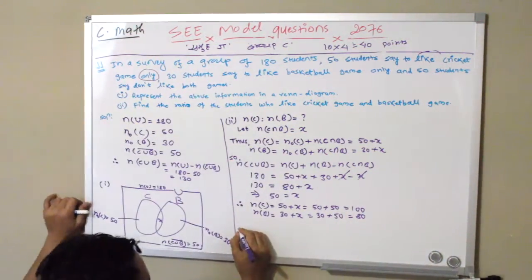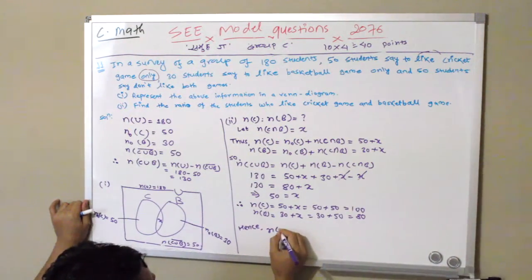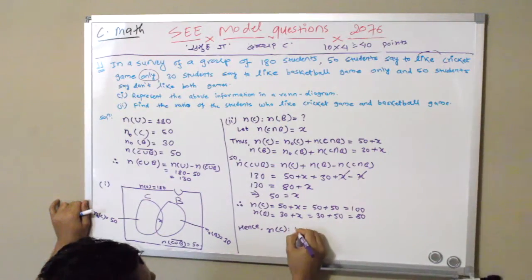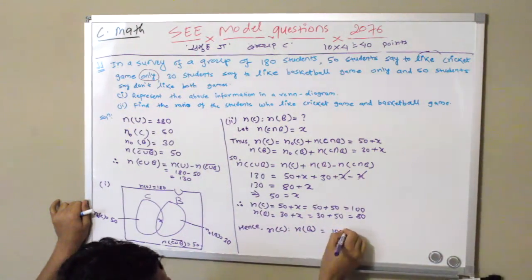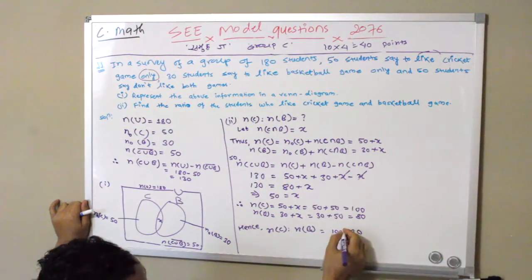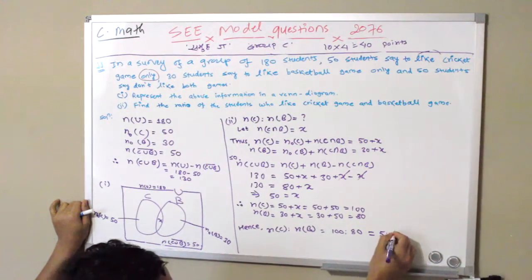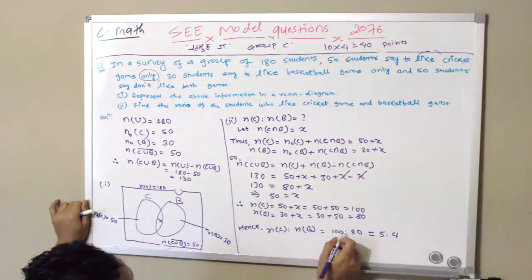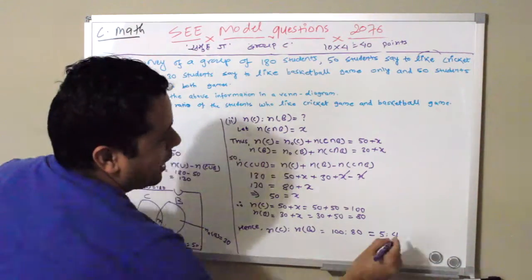Hence the ratio of number of C to number of B is 100 to 80. You can cancel by 20: 20 times 5, 20 times 4. So this means 5 to 4. This is your answer.